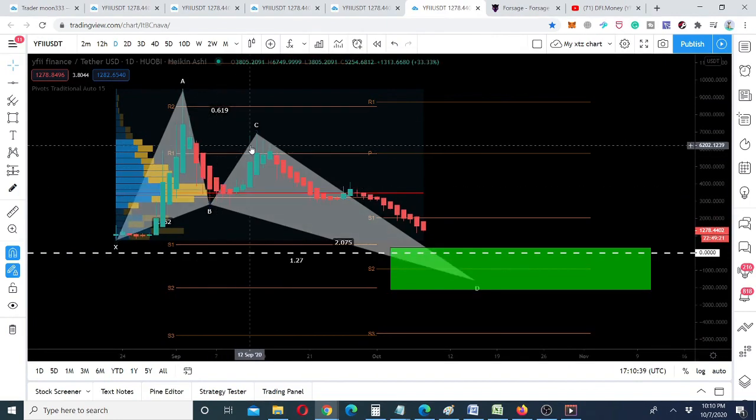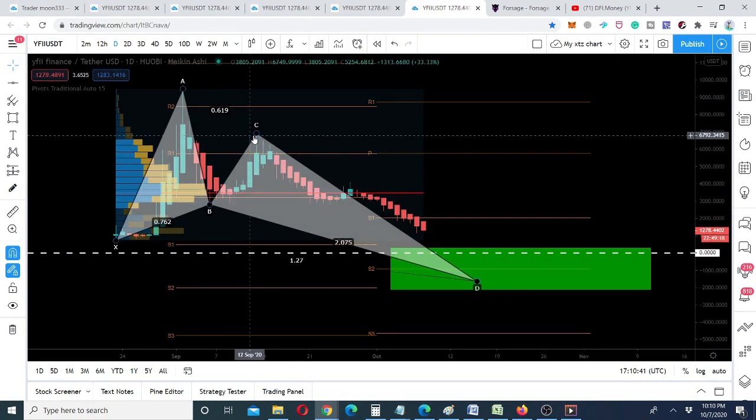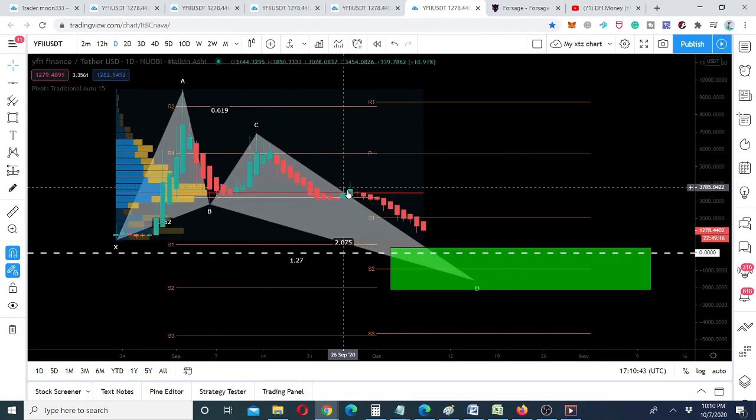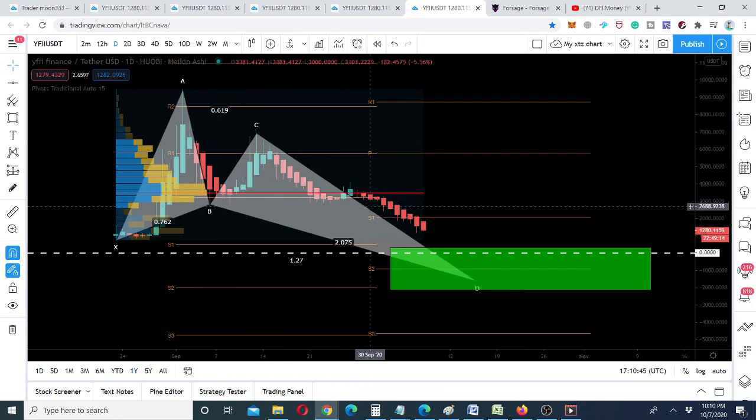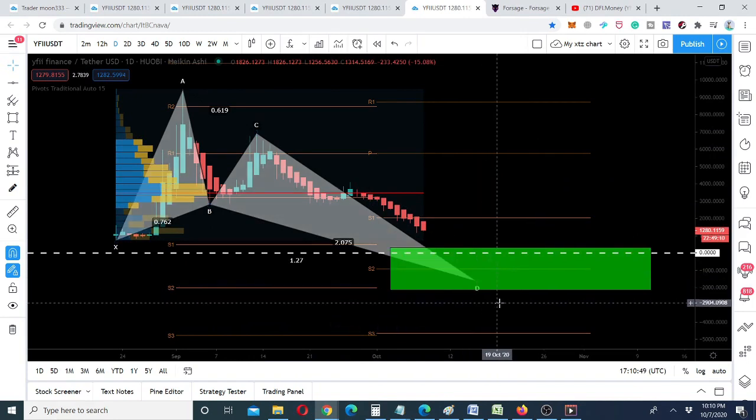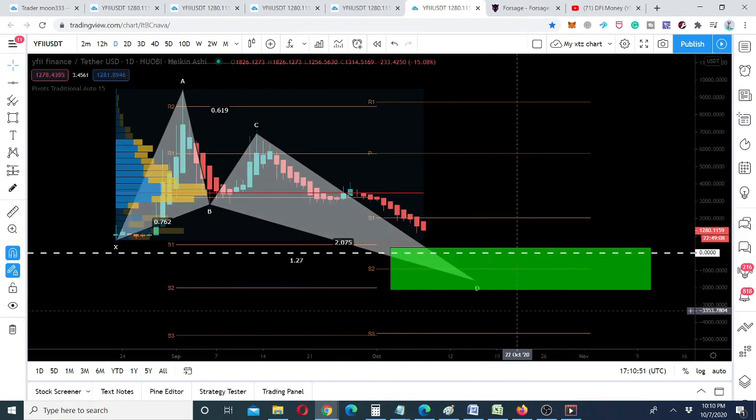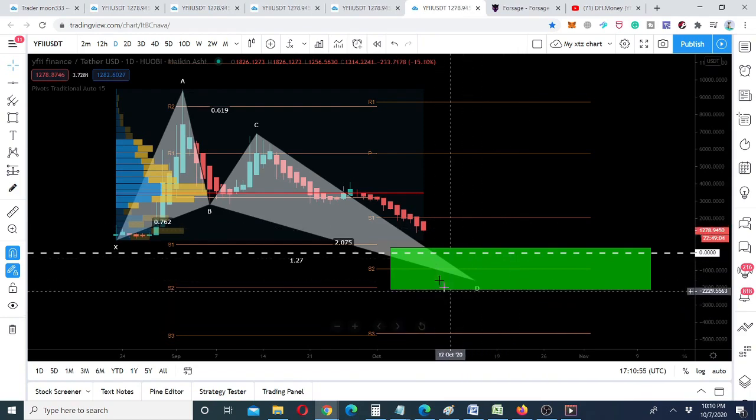Then it is projected between 0.382 to 0.886. Then as per the bullish butterfly pattern, it should move between 1.27 up to 1.618 Fibonacci level. That is very far away from here, and that is in negative territory as well. Therefore, it is not possible for the price line to complete this final leg.